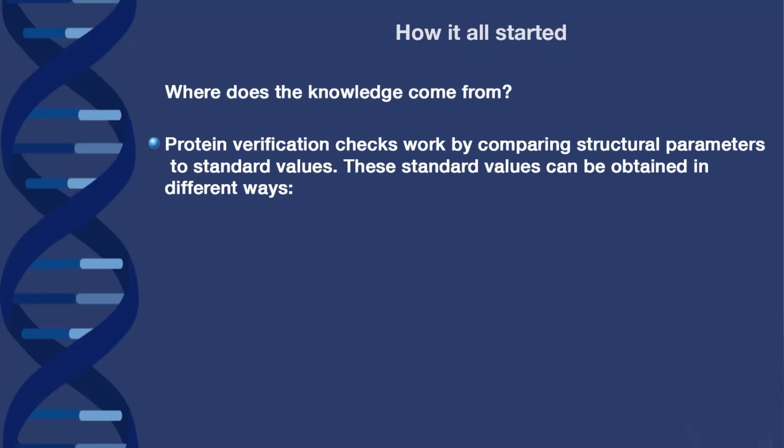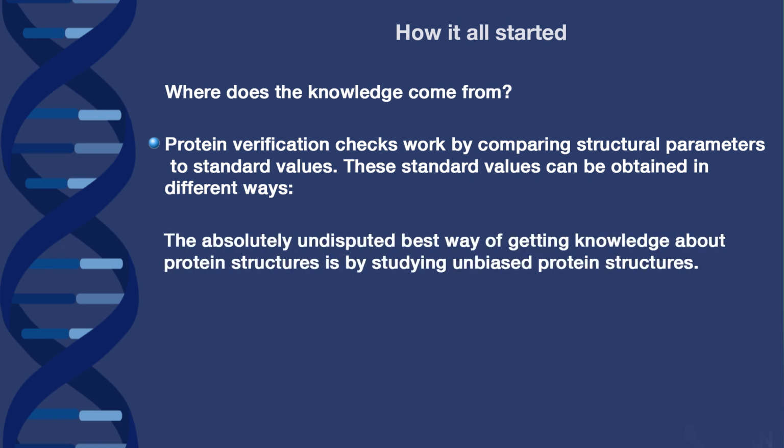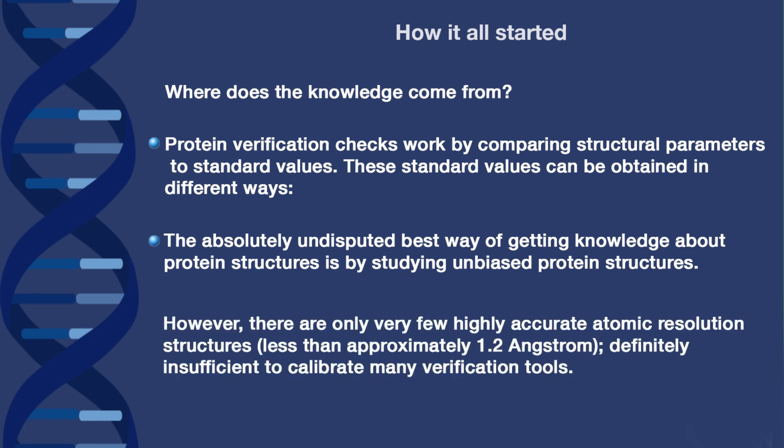Protein verification checks work by comparing structural parameters to standard values. These standard values can be obtained in different ways. What are those? The absolutely undisputed best way of getting knowledge about protein structure is by studying unbiased protein structures.